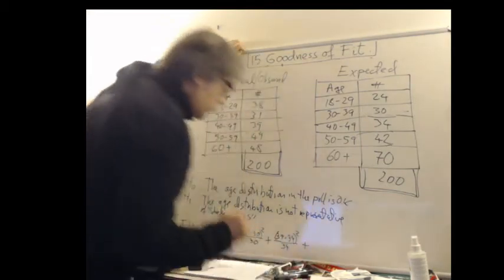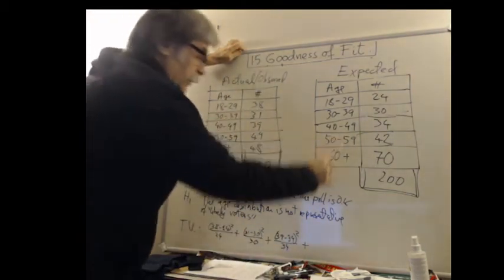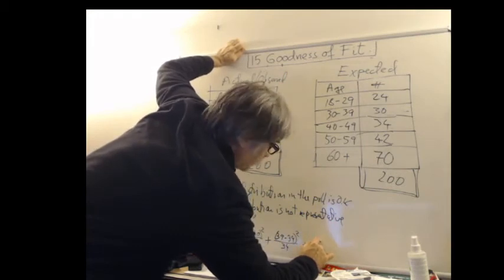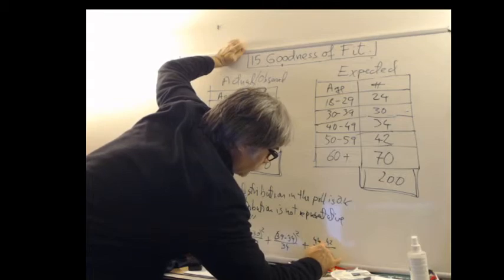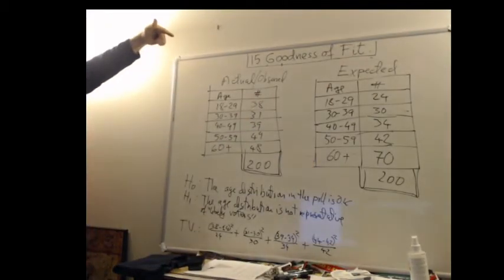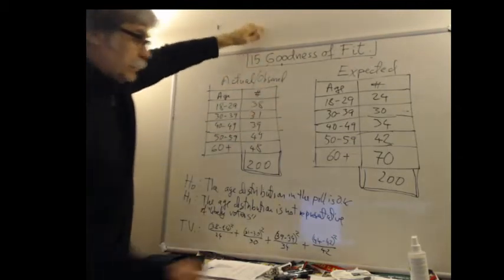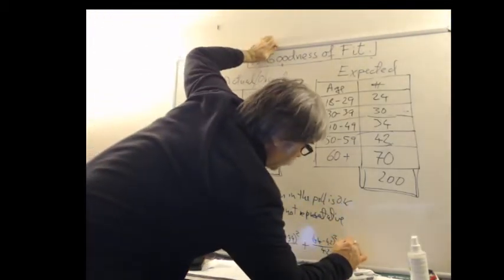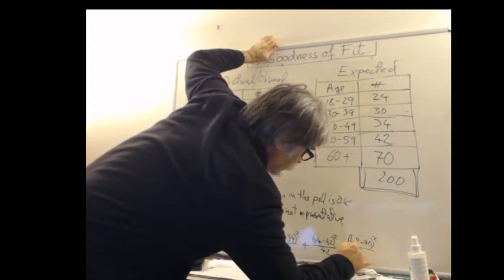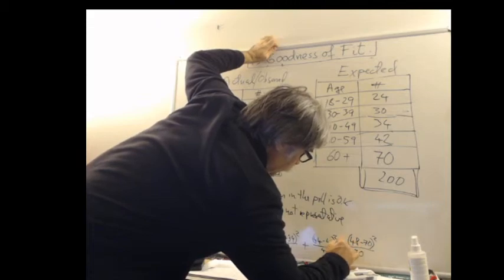The next one is, 2 more to go, 40 minus 42, which is 2, divided by 42, the top must be squared. And the last one is 48 minus 70, that's going to be a big number. I have to square that, divide it by 70, and add it all now.